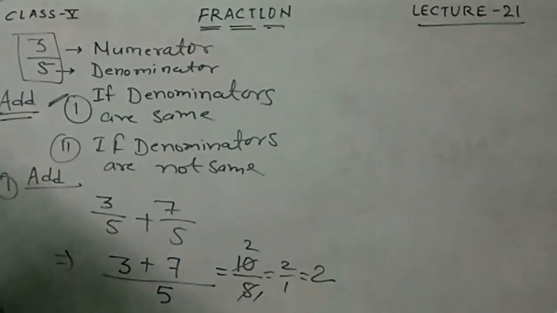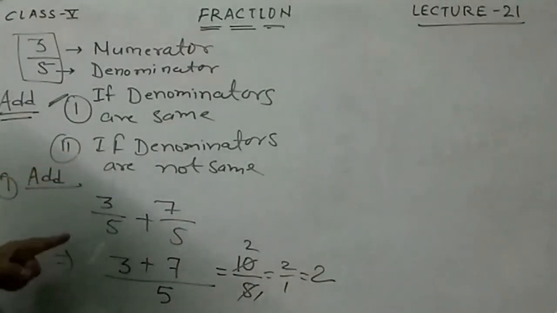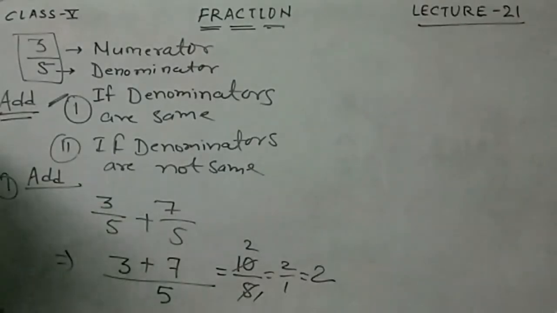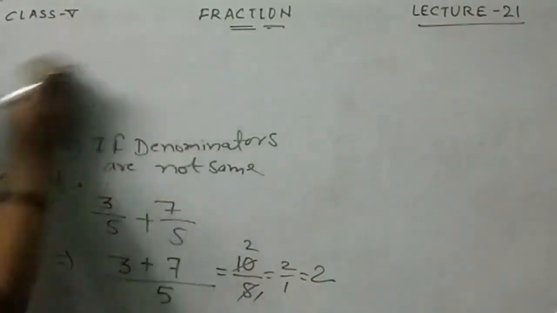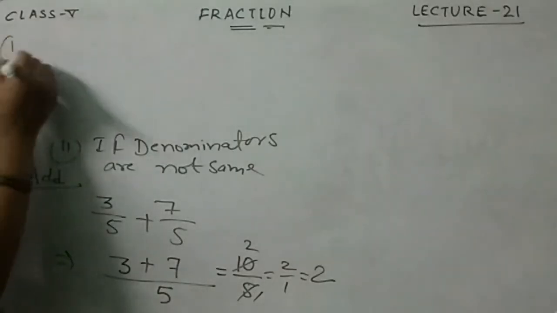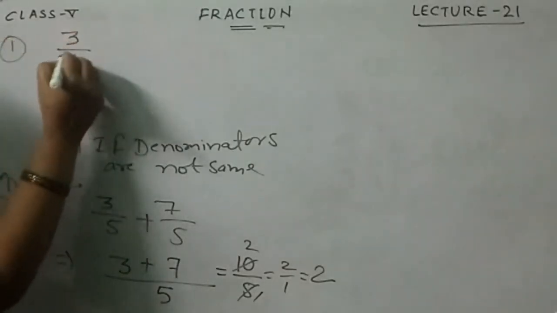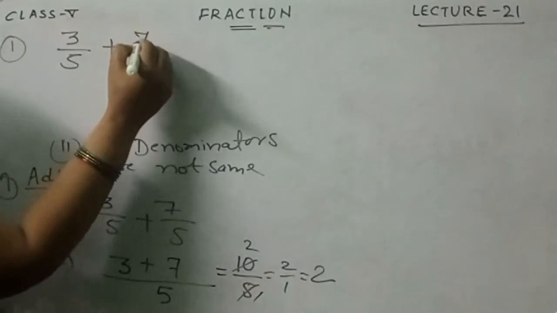Remember, if denominators are not the same, in that case what do we have to do? Take the example 3 by 5 plus 7 by 4.